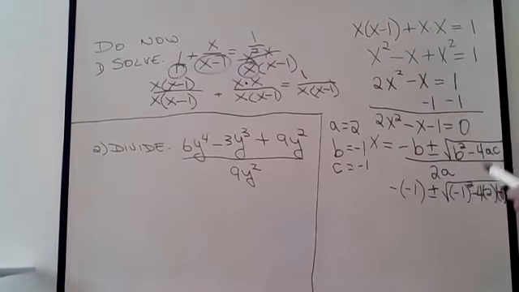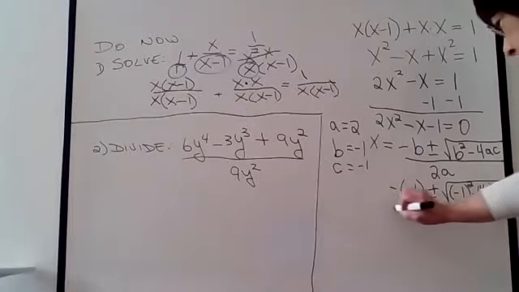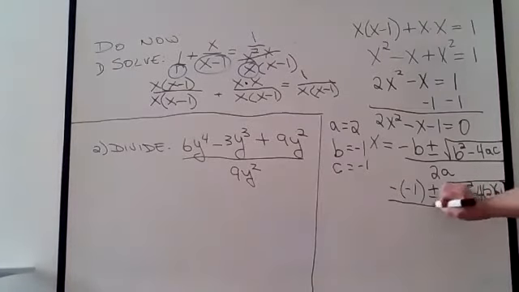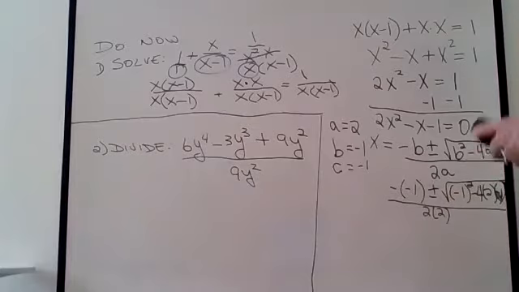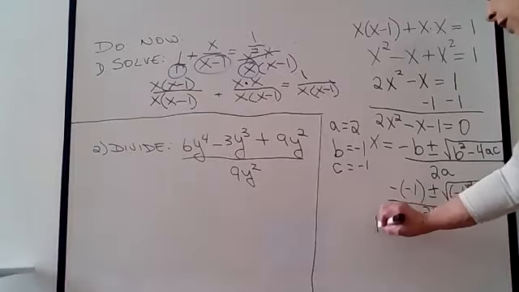Better give myself a little bit more space. And that's all over 2 times 2. Okay, and now I've got to simplify. So the negative and the negative become a positive 1.